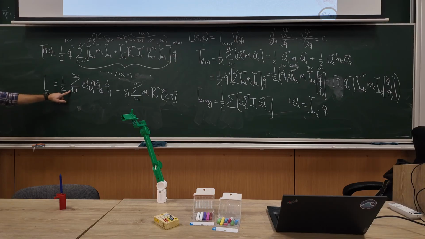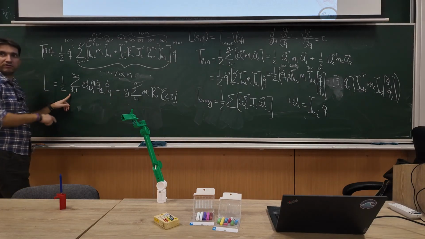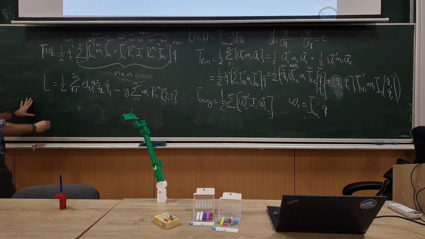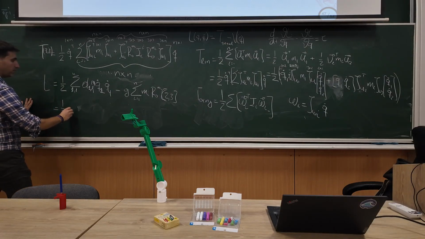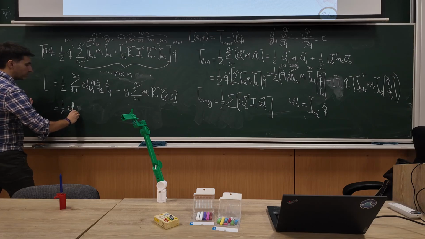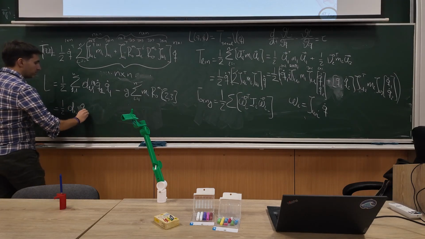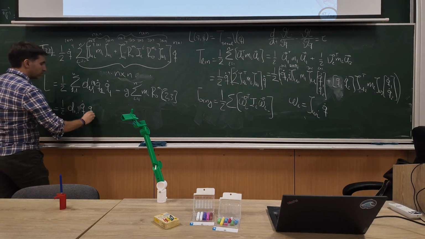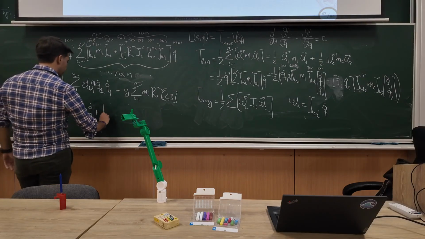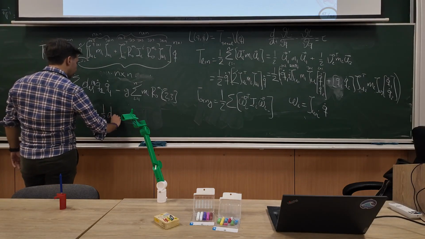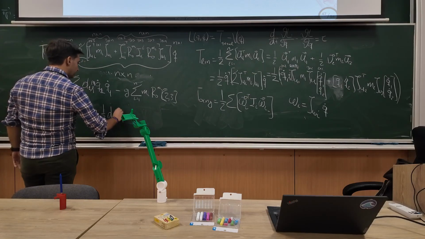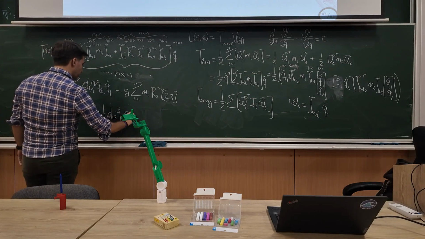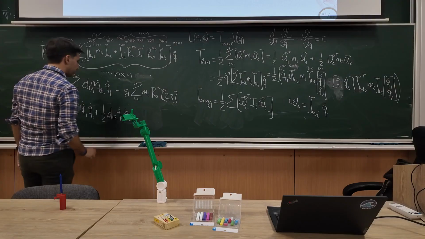No, because I fixed one here, but j keeps on running for all the joints. So if I have two joints, it will be, let's say, 1 over 2 D11 q1 dot plus 1 over 2 D12 q1 dot q2 dot.